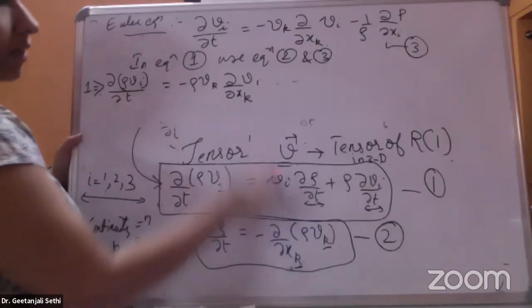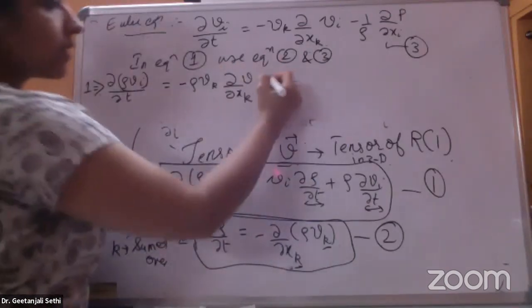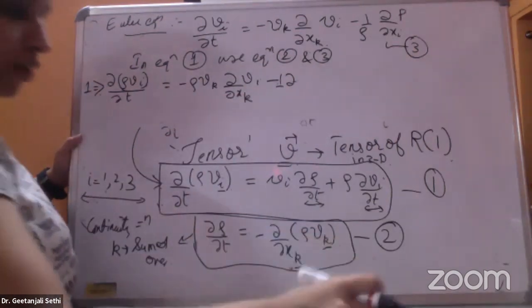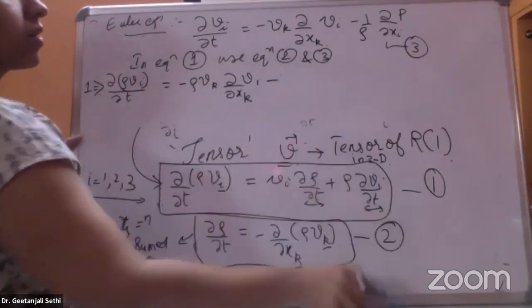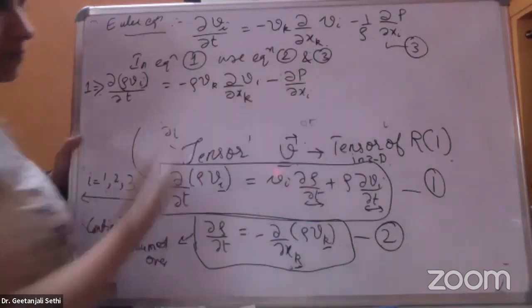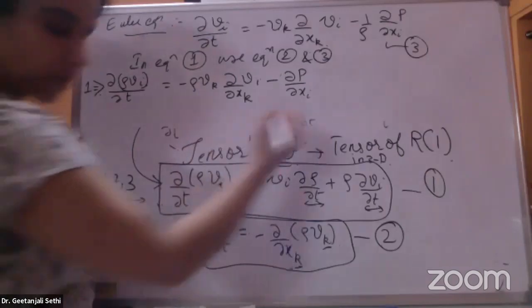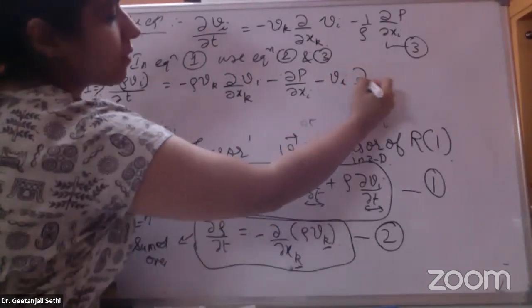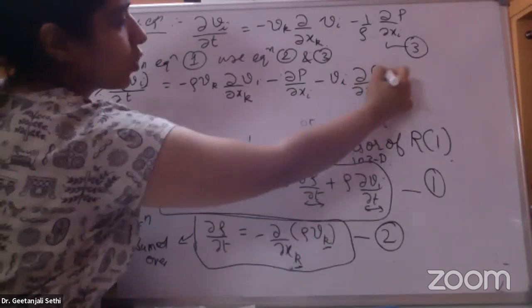From here, right? And I get minus del, since I multiplied it by rho, this rho goes. So what do I have? Del p by del xi minus Vi del by del xk rho Vk.